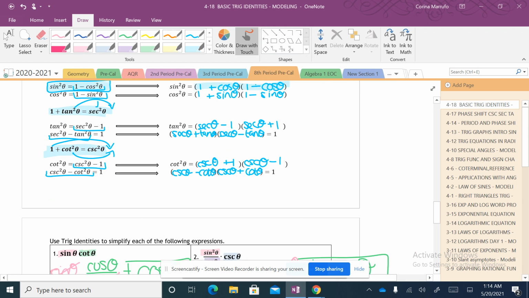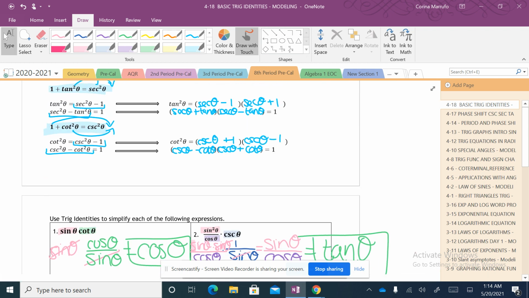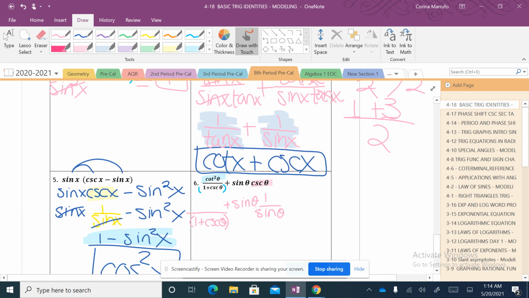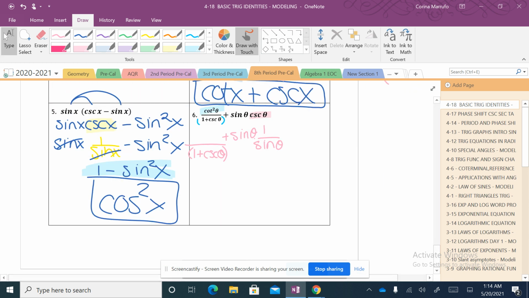Let's go ahead and look at my, here they are. So here they tell us cotangent squared of theta is cosecant theta plus 1 times cosecant of theta minus 1. So I'm going to switch that out. Cosecant of theta plus 1 times cosecant of theta minus 1.